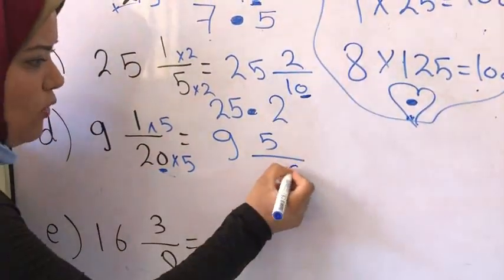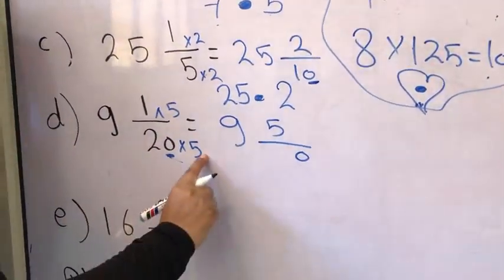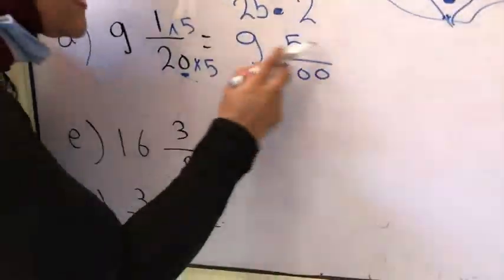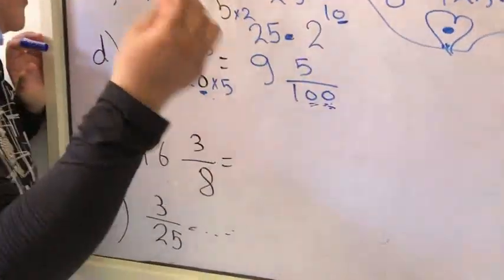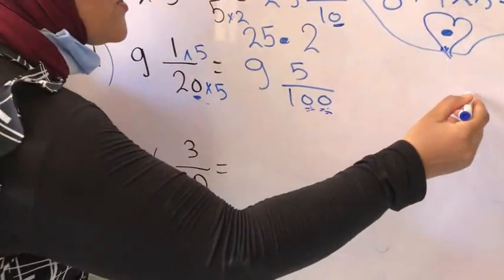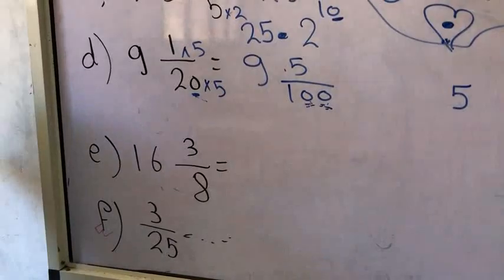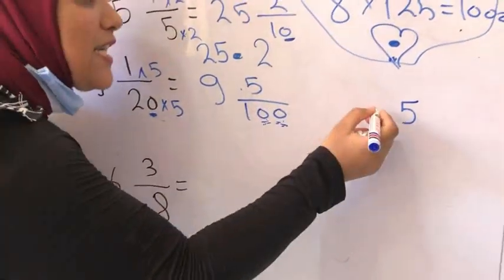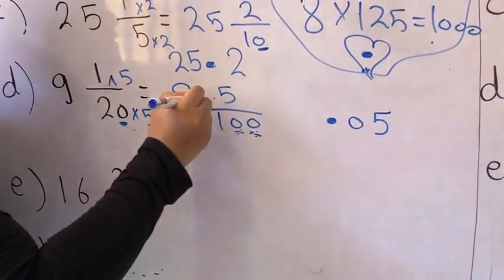Bring down my 0, this is an extra 0, and multiply 2 by 5, 10. How can I write it? I will put my point here. After how many digits, Junior? 1, 2. So I will count 2, but I haven't two digits here. What can I do? Add a 0. So 1, 2 and put the point. This is 9.